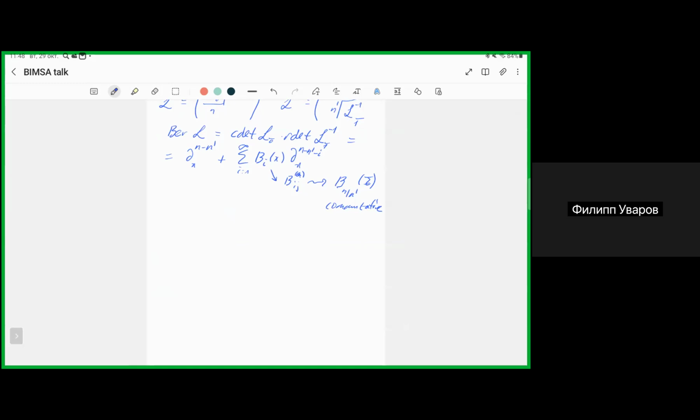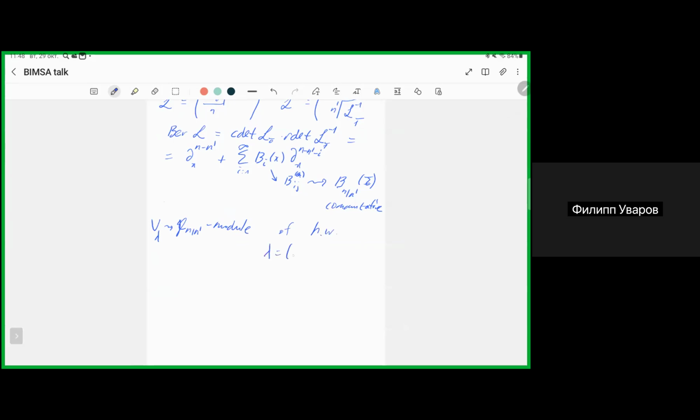Okay, and then we would like to consider some basic representation theory of gl_{N|N'}. Let me take V lambda to be the gl_{N|N'} module of highest weight lambda.